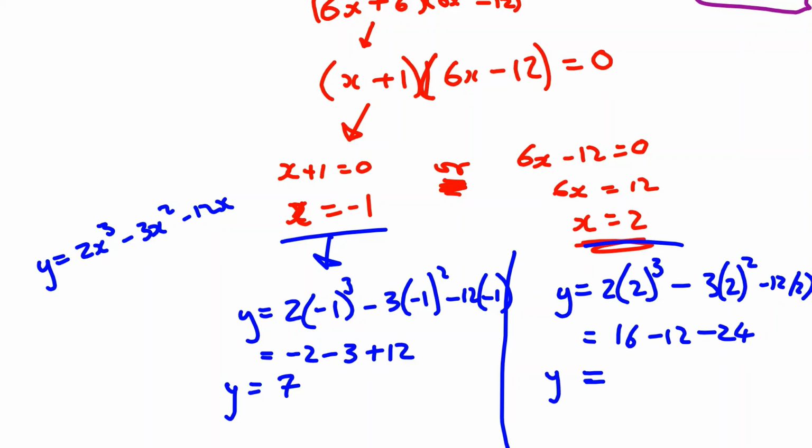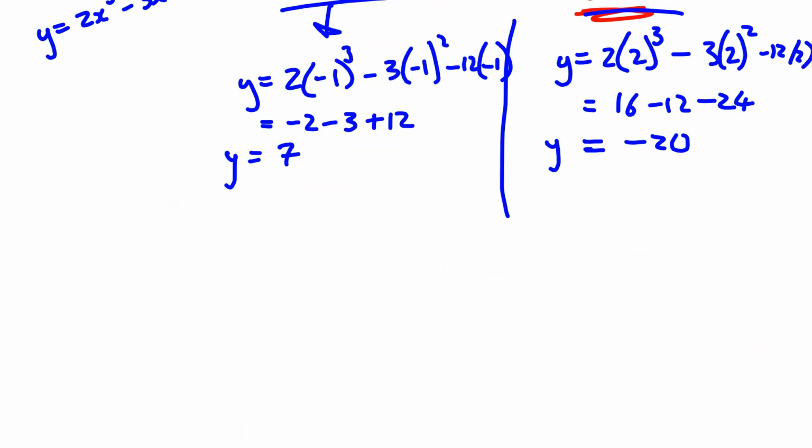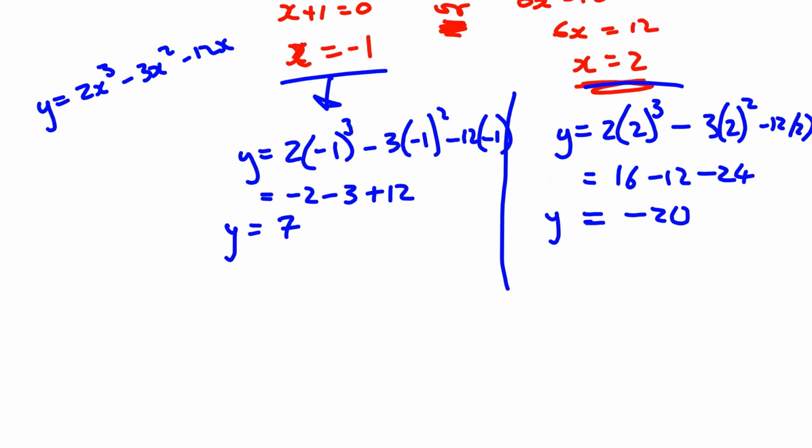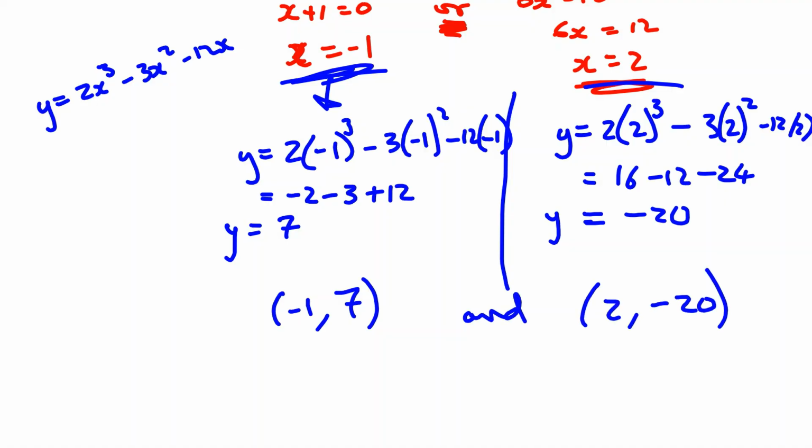So our y value, we've got 16 minus 12 minus 24, which is -20. So our 2 turning points are -1 for our x value and +7 for our y value, and 2, -20. So those are our 2 turning points.